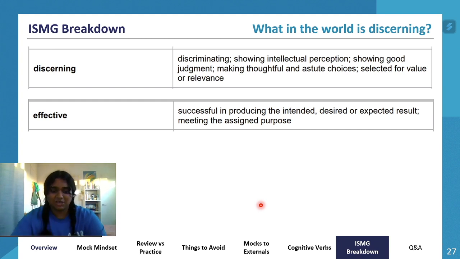In plain English, it means that your statements and your arguments are very accurate and can be backed up with research or evidence that is also accurate. Effective, on the other hand, is usually the drop after that, and that is successful in producing the intended or desired result, meeting the assigned purpose. So you've done it well enough to answer the question, but is it the most perfectly executed thing, or is it the most intellectual perception of it? Probably not.